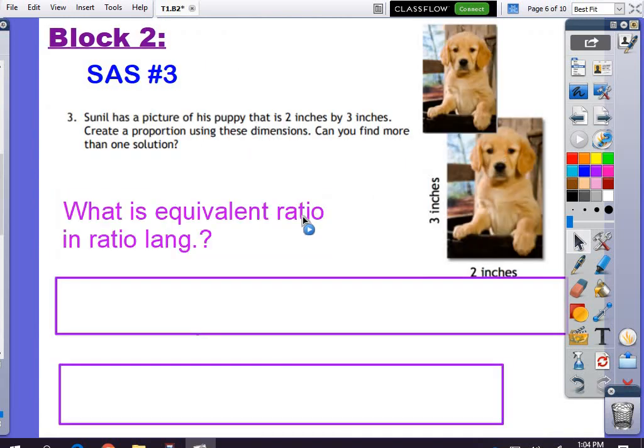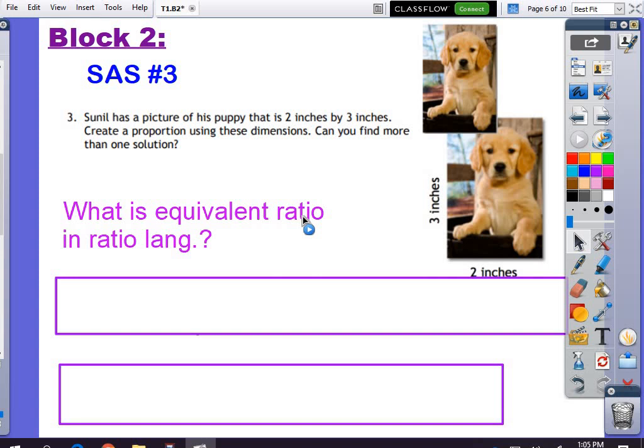So, a couple recap questions. It says, what is an equivalent ratio in ratio language? Jonathan, what ratio did you put in a minute ago when you had the keyboard? 12/18.